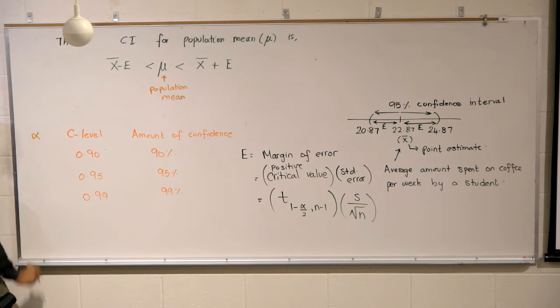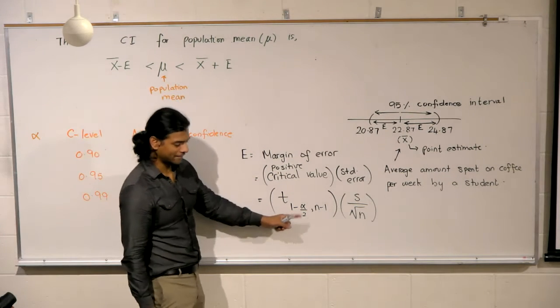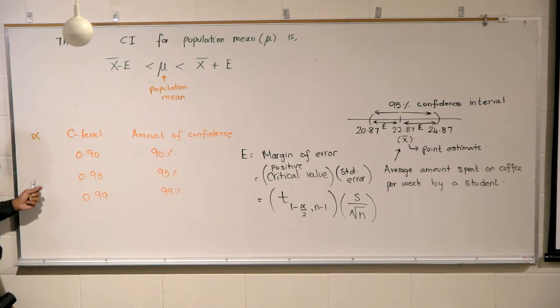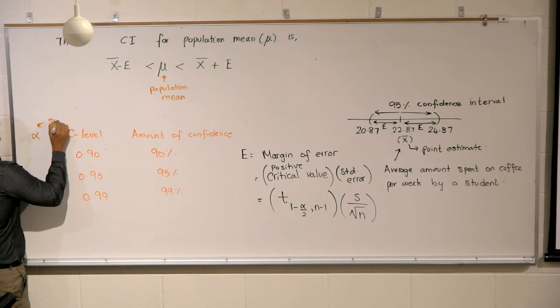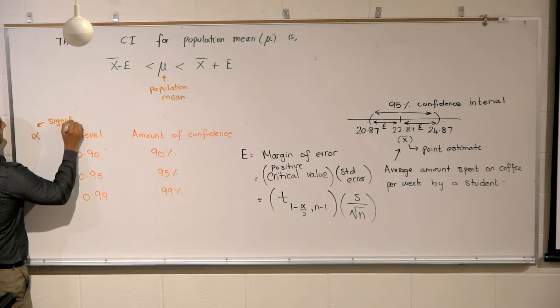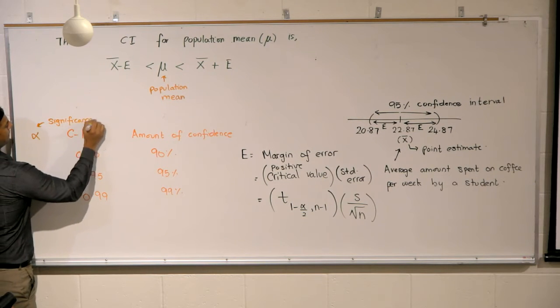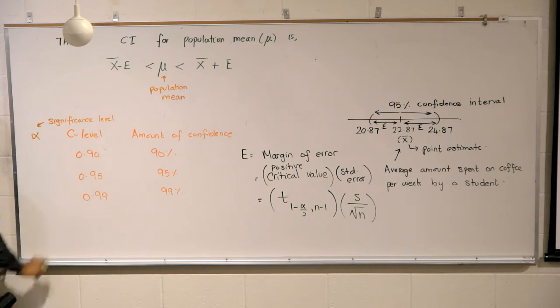And there is this funky notation, alpha. Think of goldfish. Alpha stands for significance level. Significance level is always 1 minus the level of confidence or the confidence level.